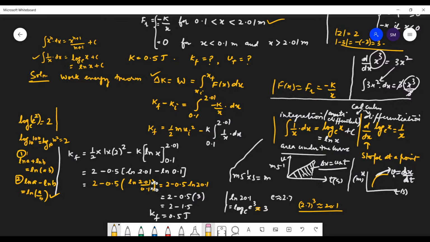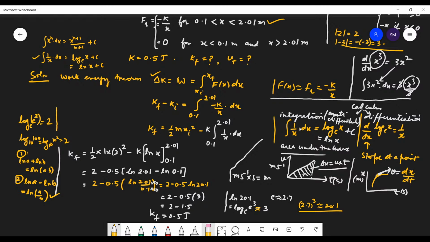Suppose this is an x-t graph, so finding the instantaneous velocity at this point is the slope of this tangent at this point, and that is v equals dx by dt. That's where we use differentiation, when we need to find an instantaneous physical quantity. And where do we use integration?